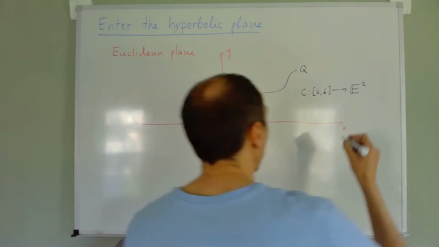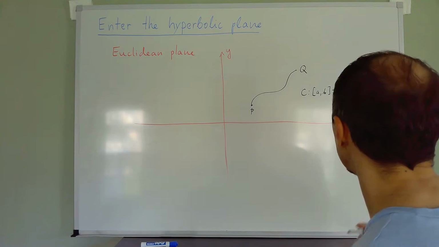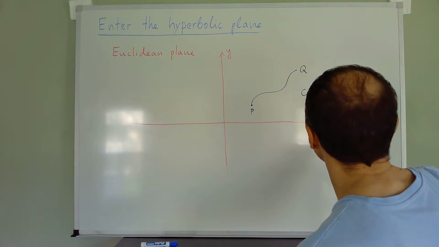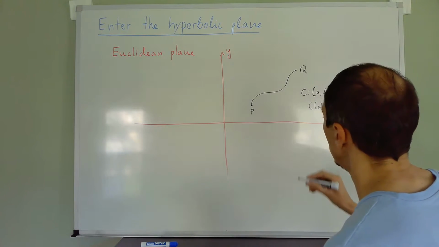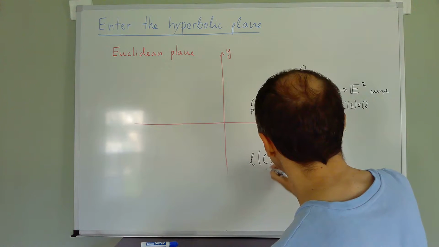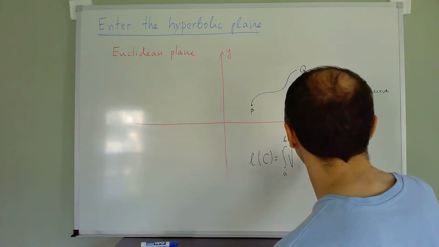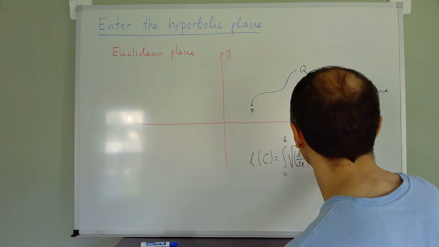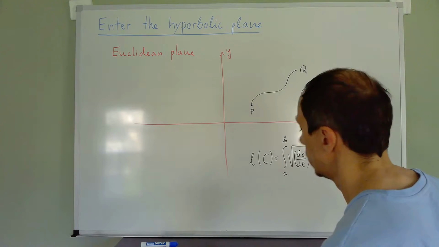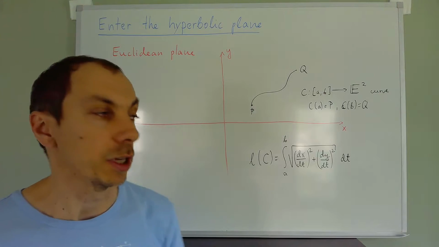If this is a curve, which means in particular it's a smooth function, so it has all the derivatives, such that C of A is P and C of B is Q, then the length of C is the integral from A to B of the square root of dx over dt squared plus dy over dt squared dt. Sometimes this thing that's here under the square root is called the Euclidean metric.